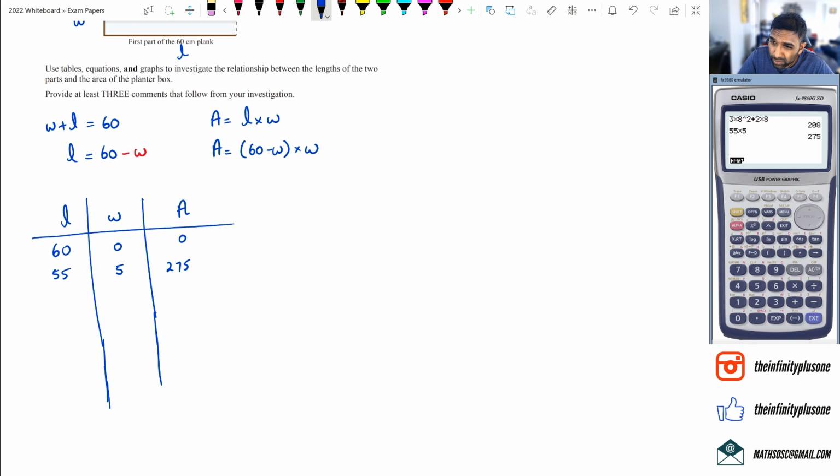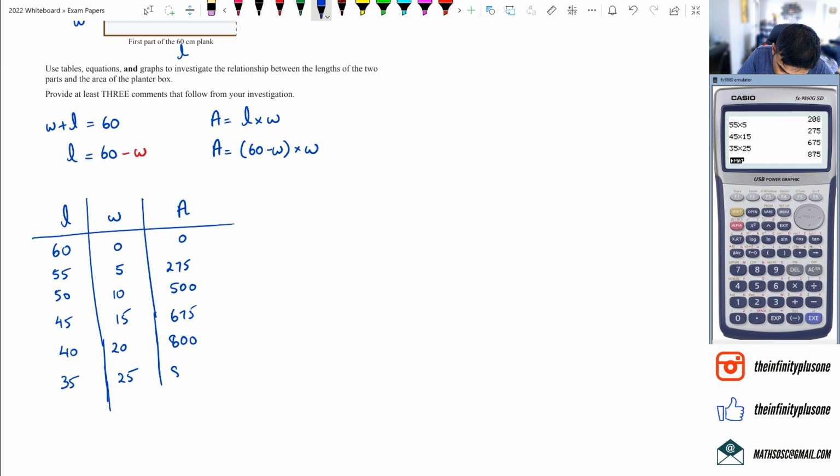In this case, I would just go up in 5s. So I would do 50 and 10, which is 500. Then 45 and 15, which is 675. Then 40 and 20, which is 800. Then 35 and 25, which is 875. Then 30 and 30, which is 900.